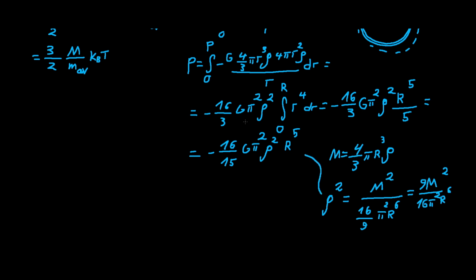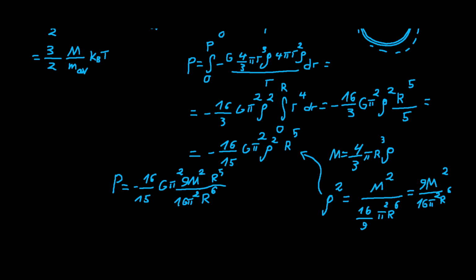You can plug this in here, and so for P, for the potential energy, you get minus 16/15 G pi squared at the top, and now you get 9 M squared over 16 pi squared r to the sixth, times r to the fifth at the top.